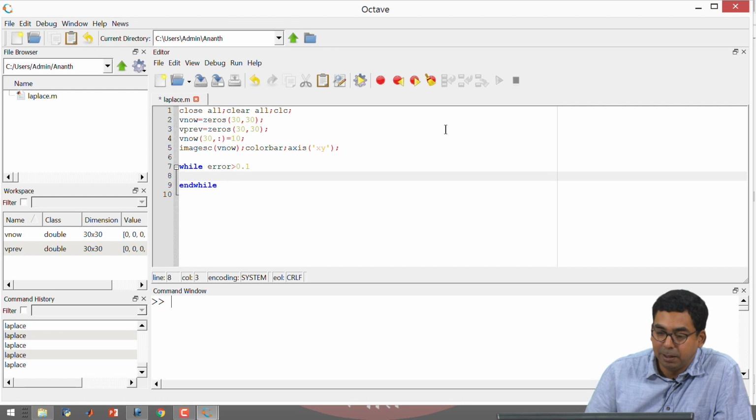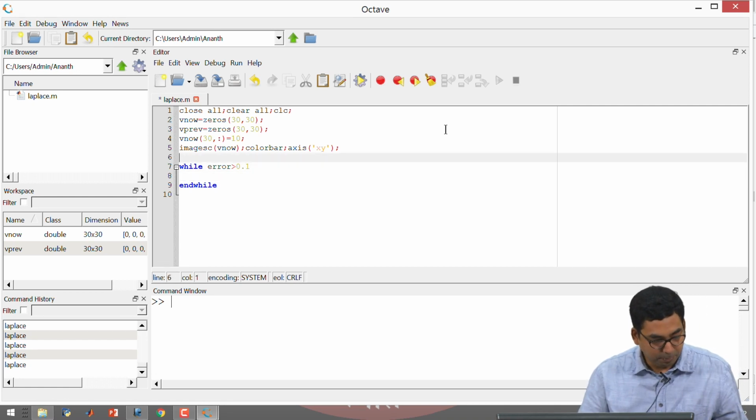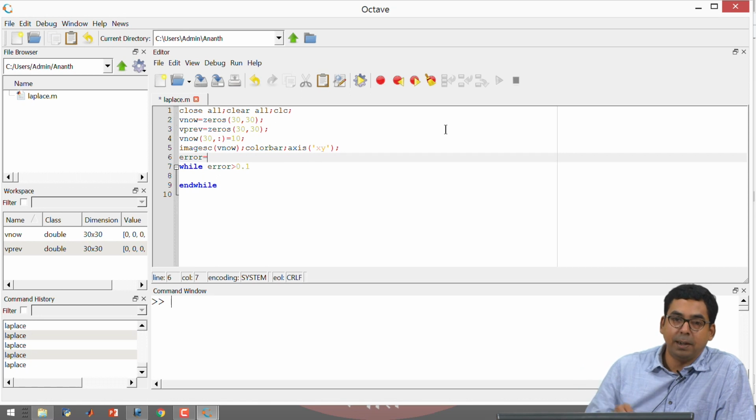If it is going to be greater than 0.1, I want to start a while loop, but before that I need to define what this error is going to be, right. So, the error that I wish to calculate is actually the difference between two matrices V now and V previous. The difference between the two matrices will also be a matrix, okay.